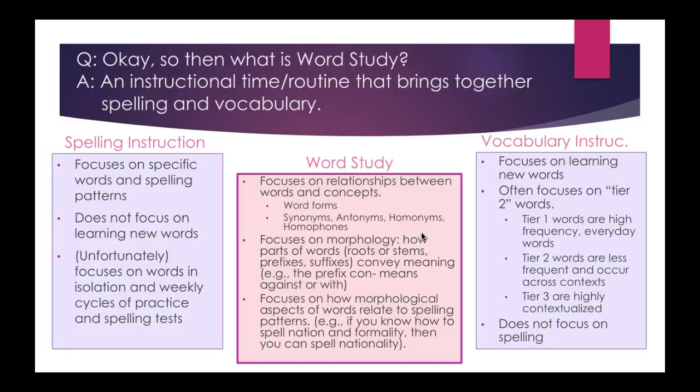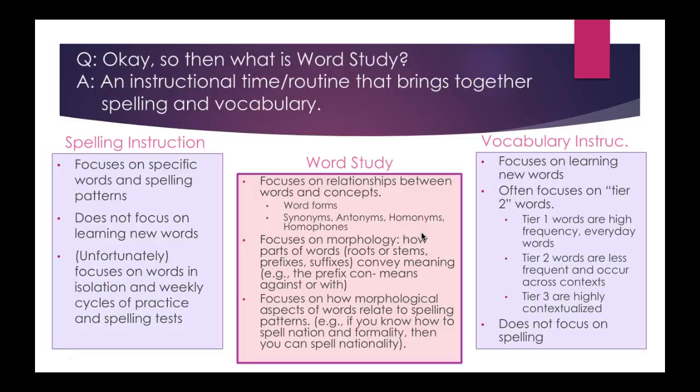So tier 1 words, which are high frequency everyday words, are going to include things like school, lunch, mother, family, stuff like that. Laugh, smile. Big, large, small, words like that. Tier 2 words are less frequent.